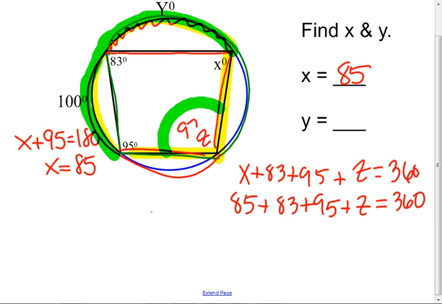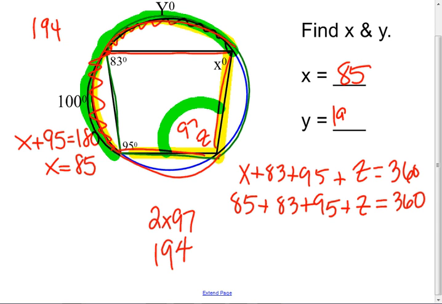Twice 97. So 2 times 97, 194, right? No, this length around here is 194. This is 100. How big is what's left? 194 minus 100. Because you used those. Because it told me.